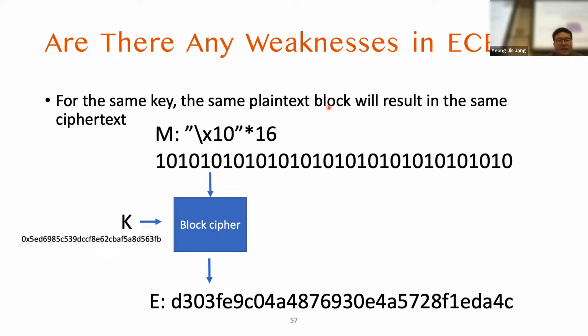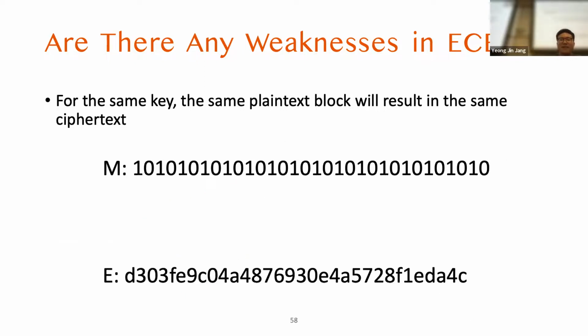And a weakness of ECB is this. The example was that we don't want to exchange a key multiple times; we just want to exchange one key and then reuse it for the communication. But the block cipher is deterministic. What that means is that for a specific key, if we provide number 1, the resulting ciphertext will be fixed. Otherwise, we cannot decrypt it, right? So for the same key, if we encrypt this string, it will result in this number.